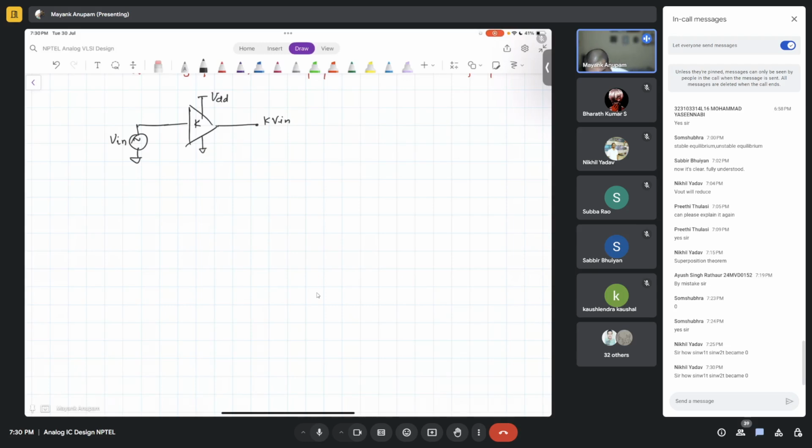If the network is linear, you cannot do that, isn't it?